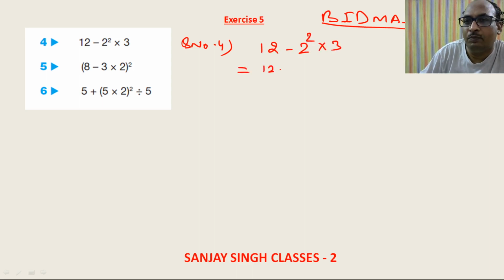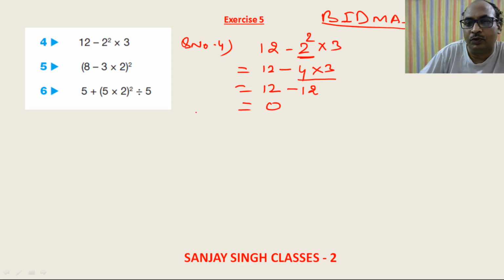Okay, so this is indices. So this indices part we need to solve first. So 2 square will become 4 into 3. Then further we need to solve this multiplication part. So it will become 12 minus 12, and we will be getting our answer as 0. Right. Then question number 5.